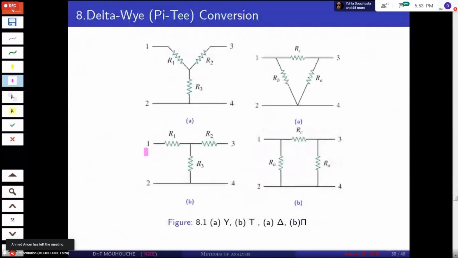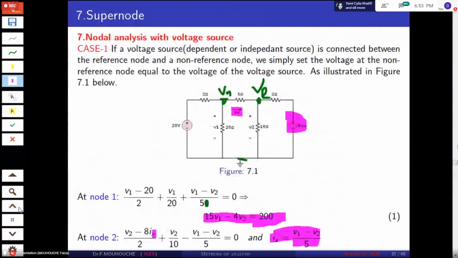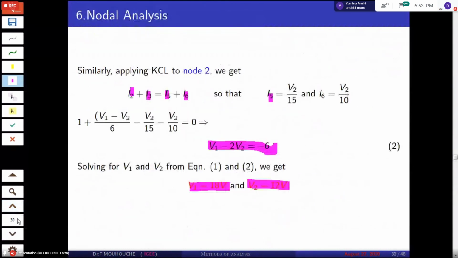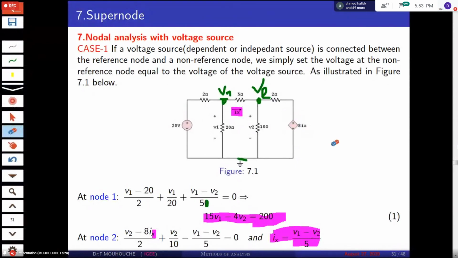But here, which example did I find? Just 1 minute. This one, yeah, this one. Here we have this one, and I just deleted the color to illustrate to you, okay? This one is called dependent. It depends on the current or the voltage. Okay, there are four. This is the current.